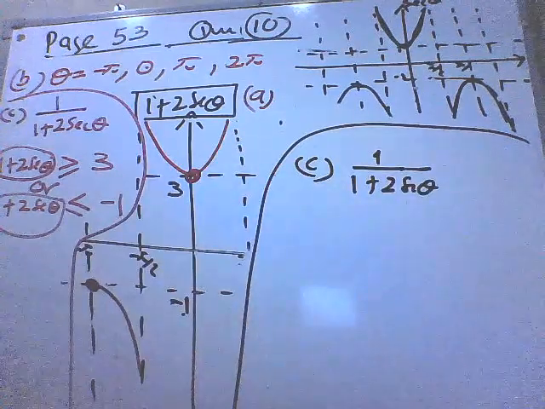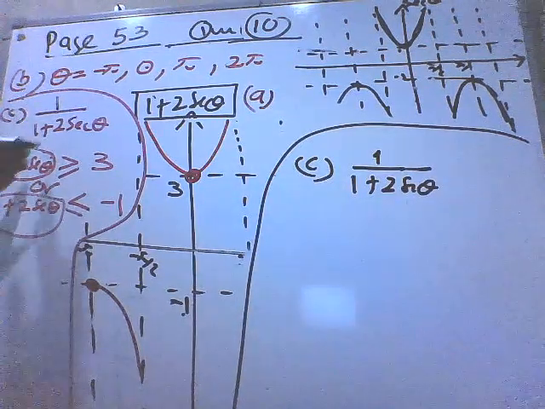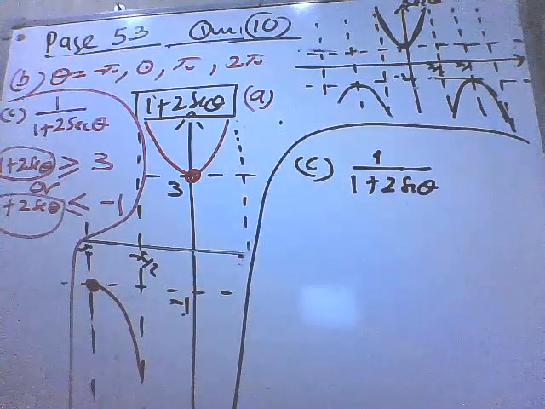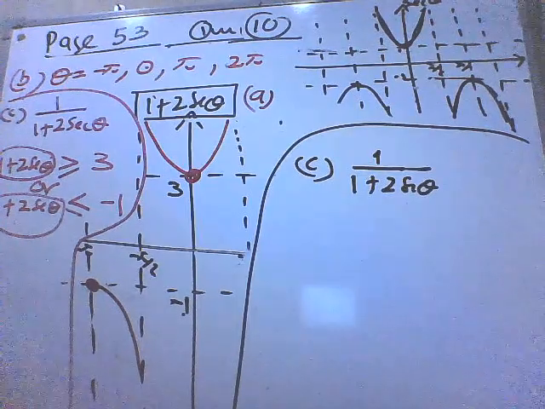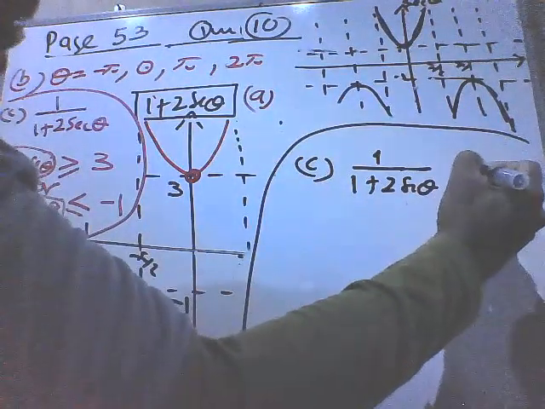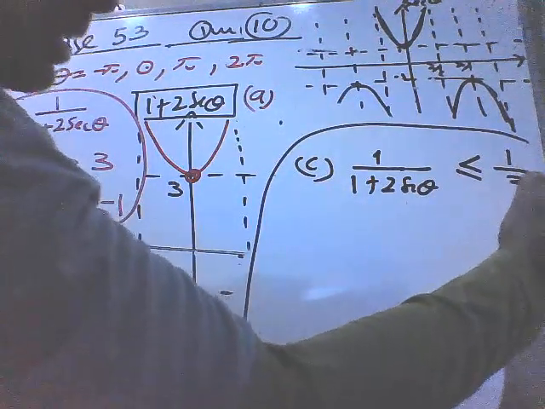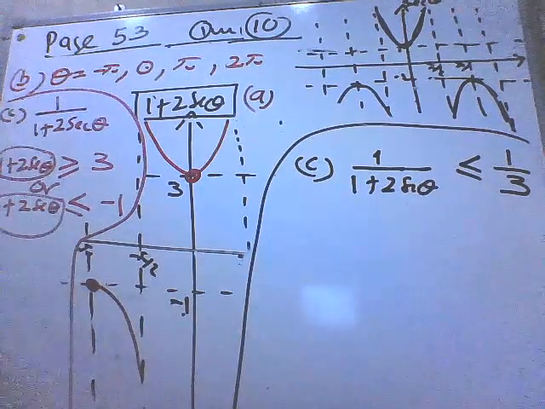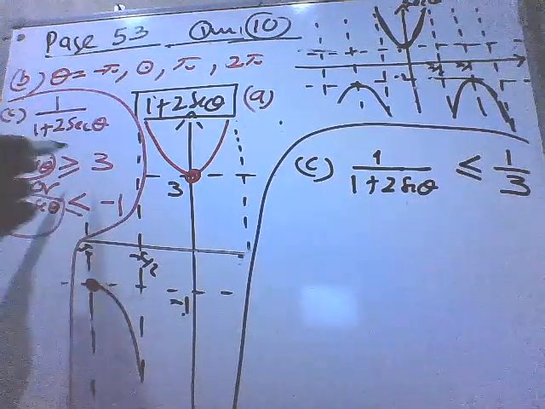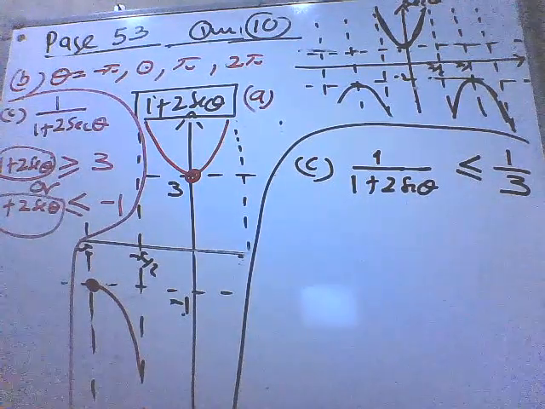It will always be less than or equal to 1 over 3, and since it is a positive value, it will be less than that.